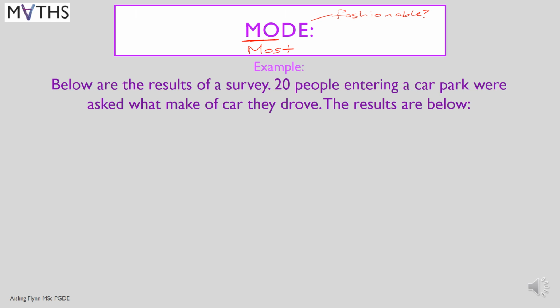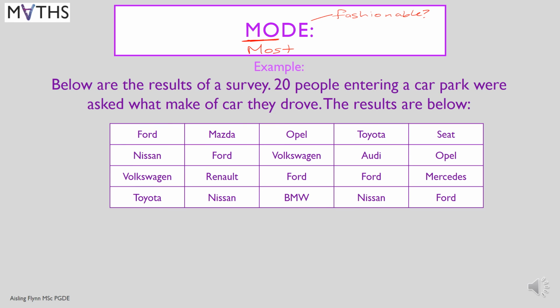Okay, so here we go. Below are the results of a survey. 20 people entering a car park were asked what make of car they drove. The results are below. Okay, so there we have loads: Ford, Mazda, Opel, Toyota, Seat, and so on. So which one is the most common?